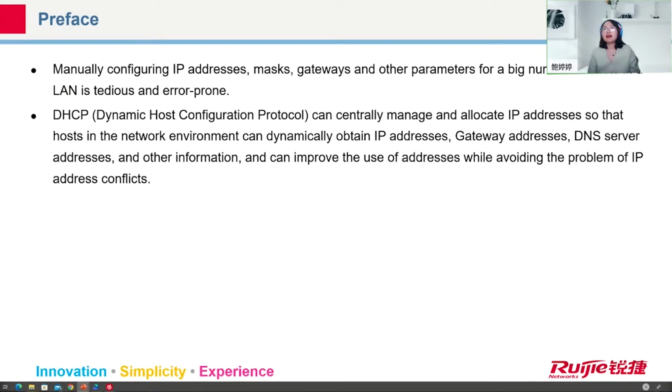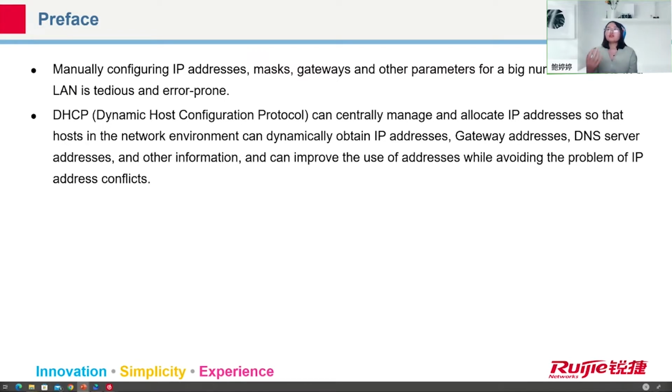So how do we assign the IP address to the terminal? We have two types. One is static, which means manually giving the IP address to each terminal one by one. The other is DHCP, Dynamic Host Configuration Protocol. We can use this protocol to allocate the IP address from the DHCP server, so the terminal doesn't need to configure the IP address.